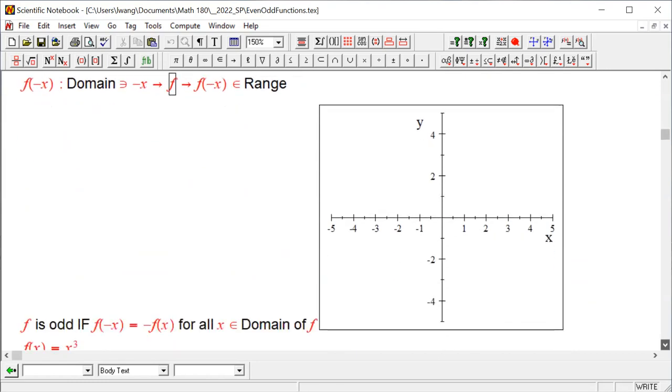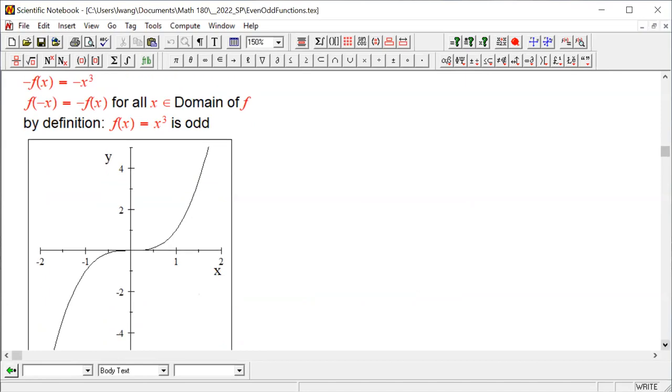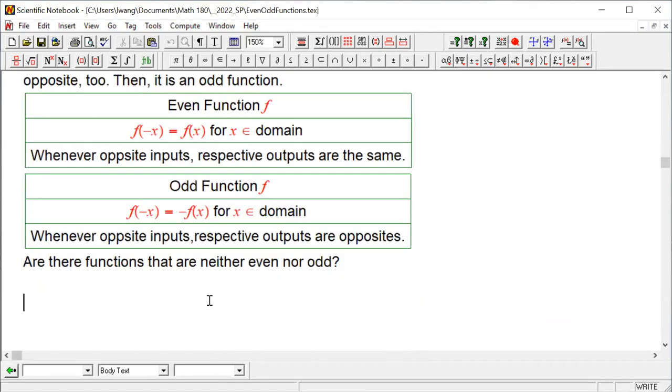So let me give you another example to show you the general procedures to demonstrate whether it's even or odd. So I have a function here, f of x, and this is going to be x squared plus x. Our question is: is this even, odd, or neither?